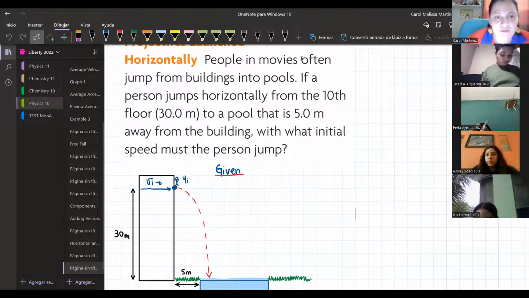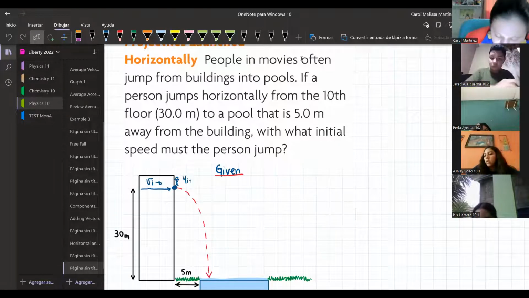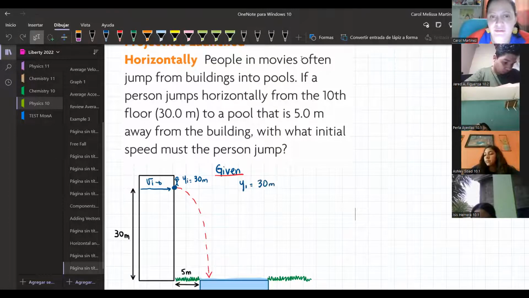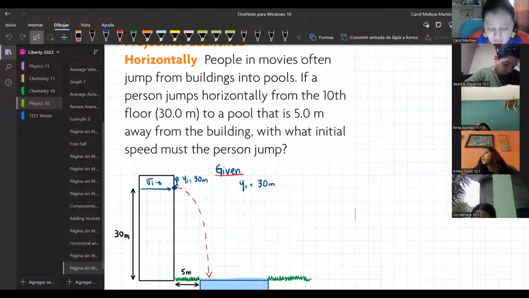And this initial position, the vertical position, is located 30 meters from the ground, okay? So my first given is 30 meters above ground.